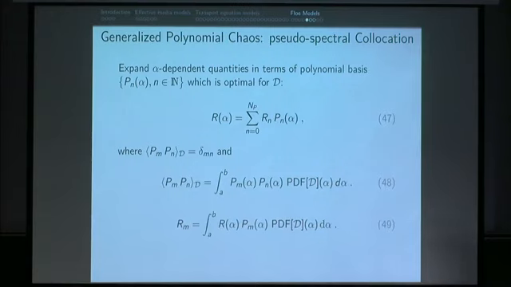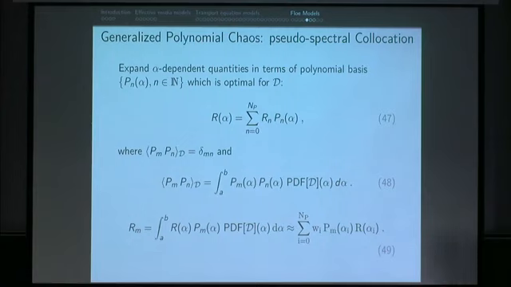Now, you use the scalar product to get the coefficients in terms of an integral, and you can solve that integral with Gauss quadrature, for example, but not for the usual Hermite polynomials, but for whatever polynomial basis you use here.